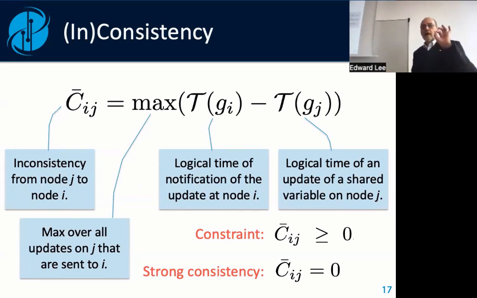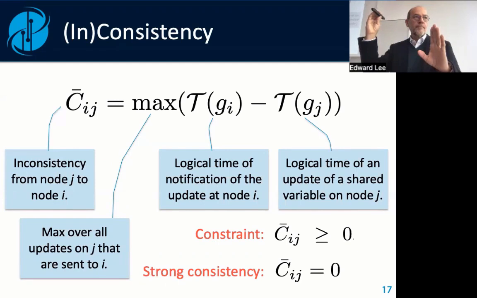It's important to realize that now this is a very well-defined quantity in a well-defined system. We now know what agreement means. What it means to agree is simply that the components all agree on the value of a shared variable at a logical time.